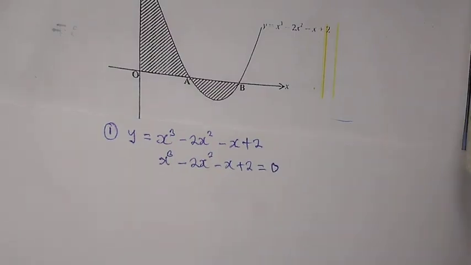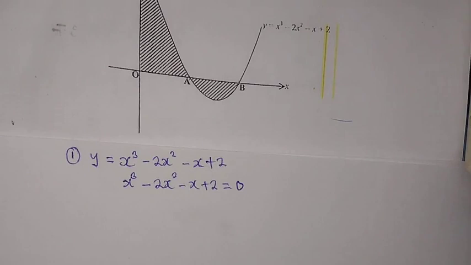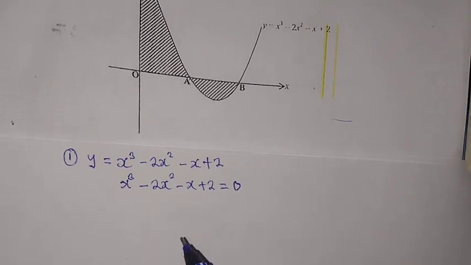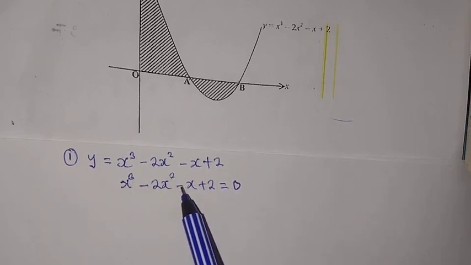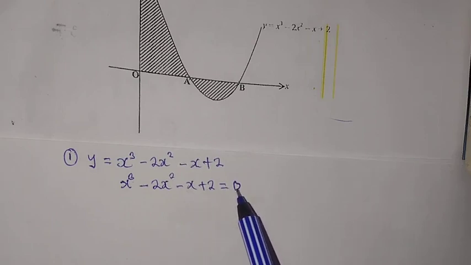After coming up with this, now we can find the x-coordinates. To find them, there are many different methods you can use. You can see the highest power of x is 3.